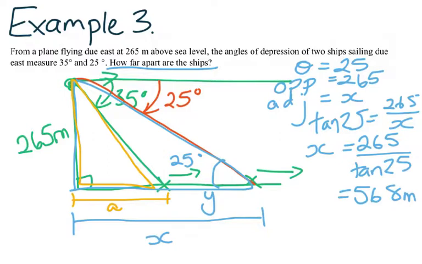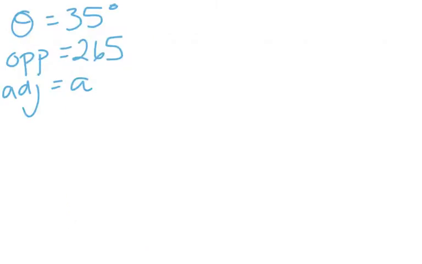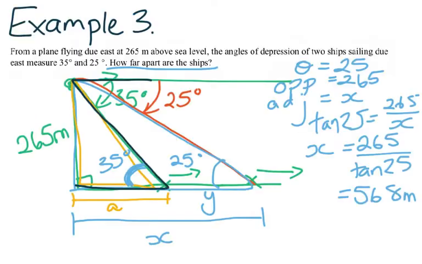So just before we go to the other side, now I am going to use this angle in here now. Okay, and you can see if we follow this Z angle here, you can see that that angle is going to be 35 degrees. And again, we're just using the 265 and then we've got A. Okay, so we've got our angle is 35 degrees, our opposite is 265, and our adjacent is A this time because we're finding that yellow line.